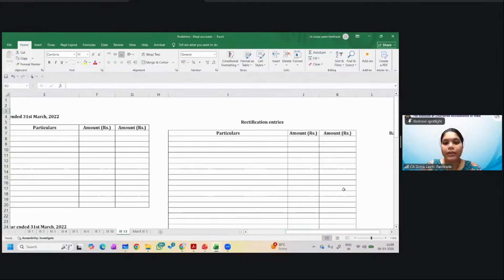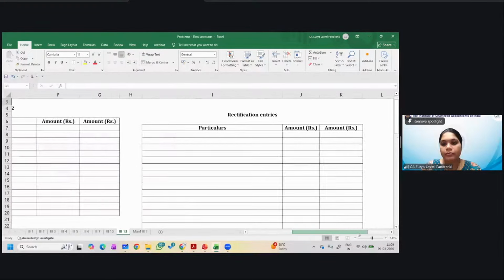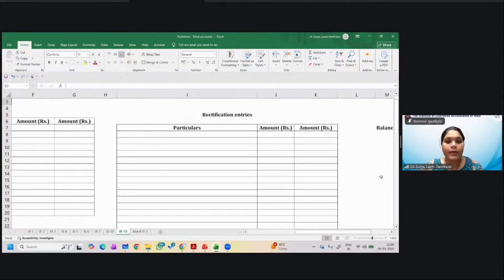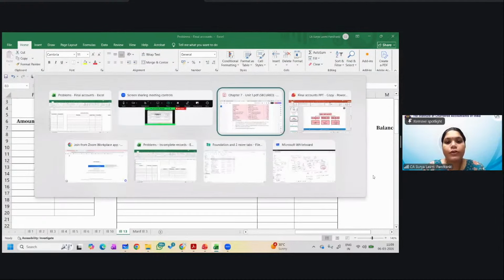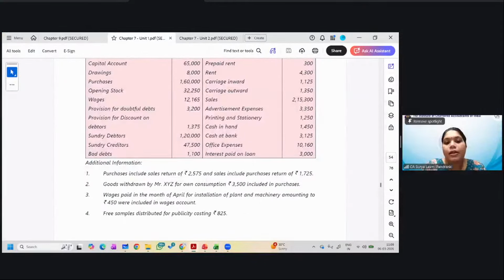I'll write down the rectification entries first, then we will move to preparing the trading account and all those things, right? So the first one is what? First one is purchases include sales return and sales include purchase return. So you will have to first cancel the purchases or decrease the purchases by 2575. Agreed? You can reply in the chat box. If needed, I will unmute you.